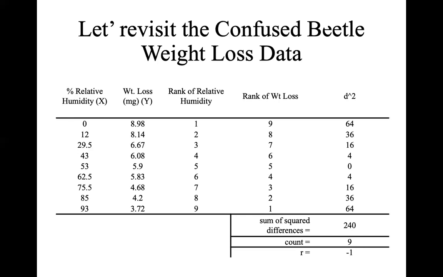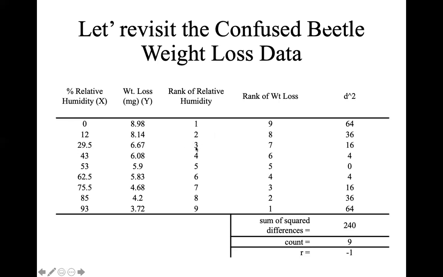And so according to Spearman's correlation, you have a perfect negative correlation. The lowest value of relative humidity is paired with the highest value of weight loss. The second lowest value of relative humidity is paired with the second highest weight loss.